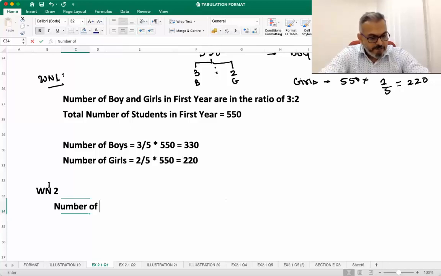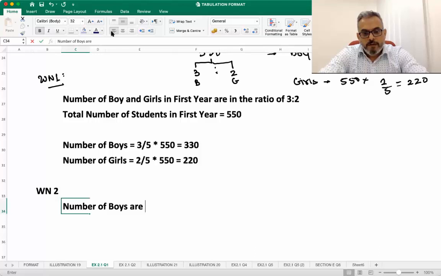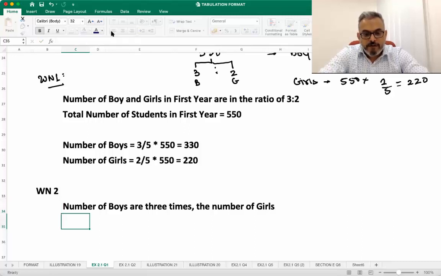Number of boys are 3 times the number of girls.